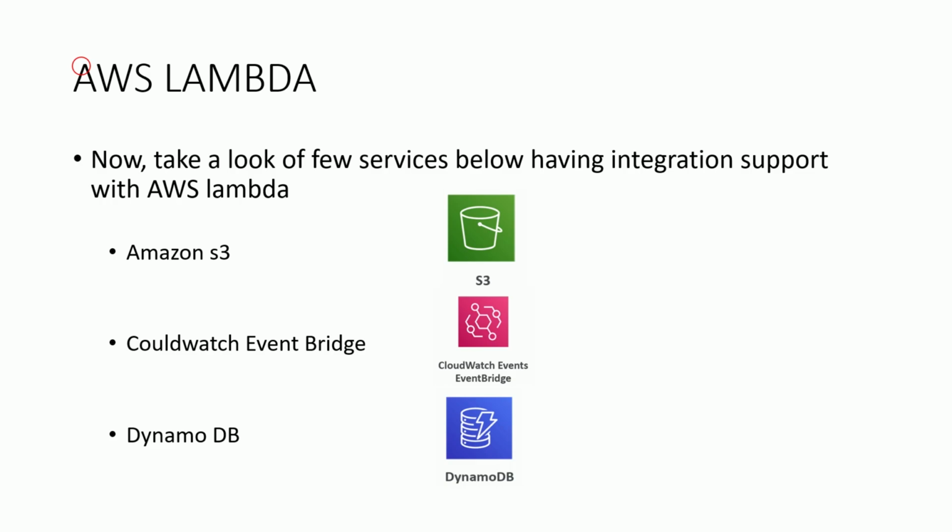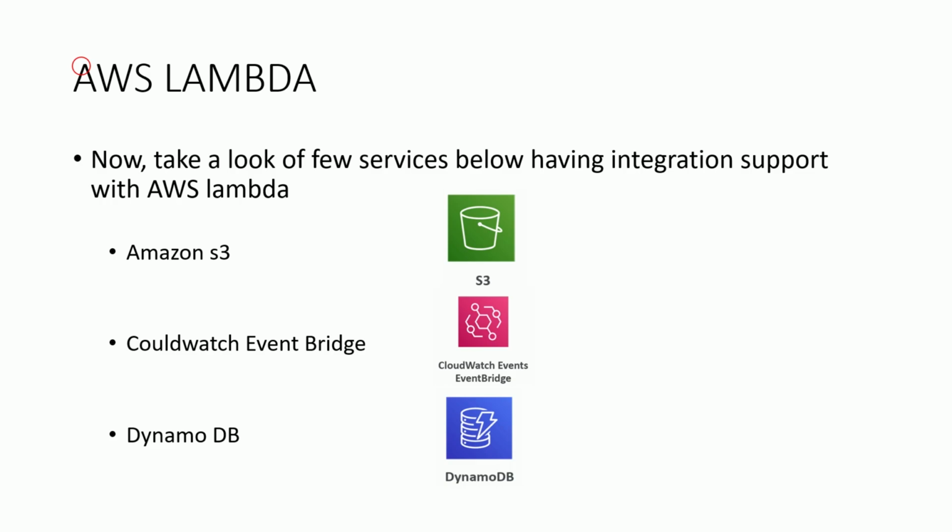And CloudWatch EventBridge. This CloudWatch EventBridge is the main place where all the events in our AWS are stored. In our whole AWS infrastructure, for example S3 and any other AWS services, whenever any event happens, we can configure CloudWatch to listen to that event.